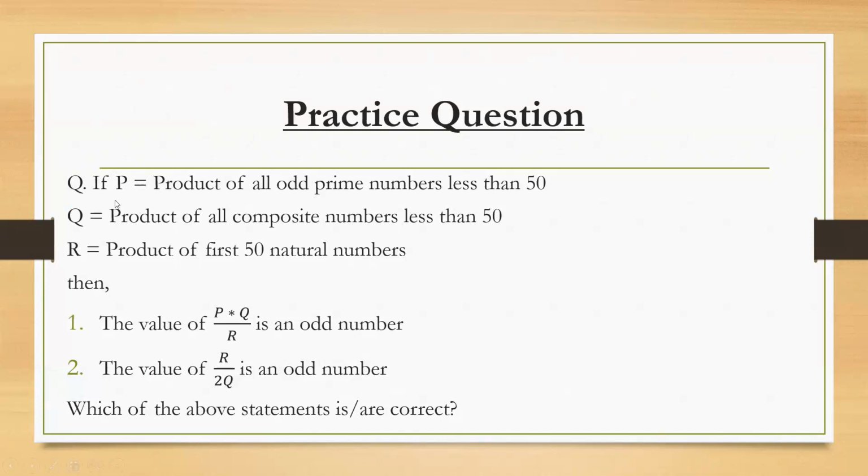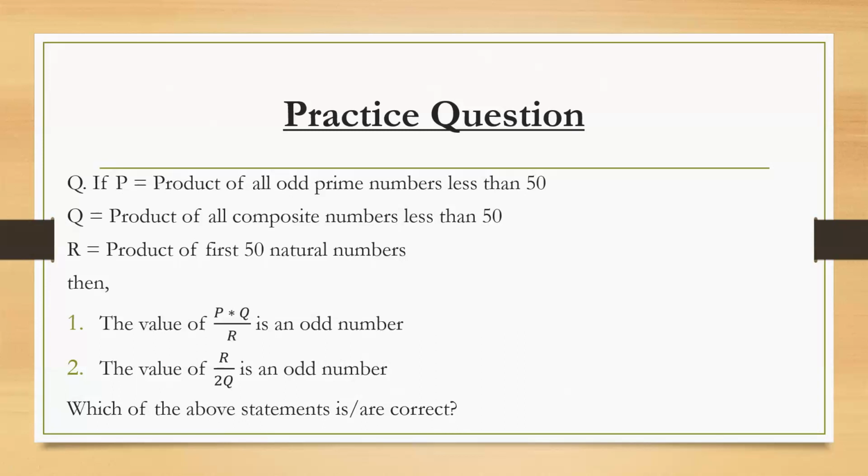P is the product of all odd prime numbers less than 50. Q is the product of all composite numbers less than 50. And R is the product of first 50 natural numbers. So three variables, the values will be very huge.